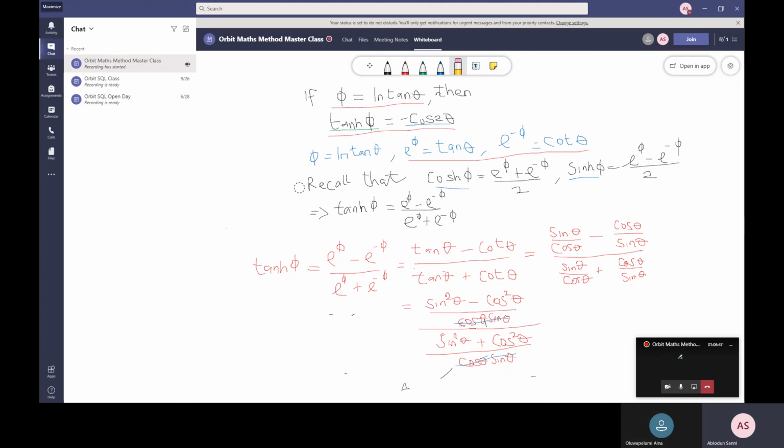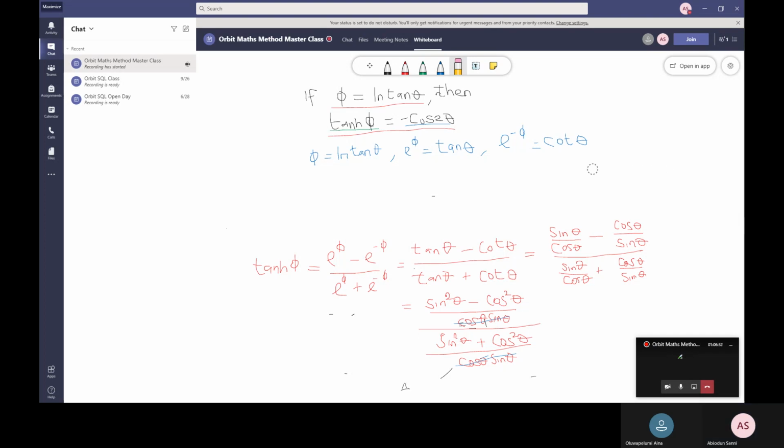Okay, so let me erase this part and continue from here. This will be equal to sin square theta minus cos square theta, all over sin square theta plus cos square theta. Don't forget that sin square theta plus cos square theta is 1.